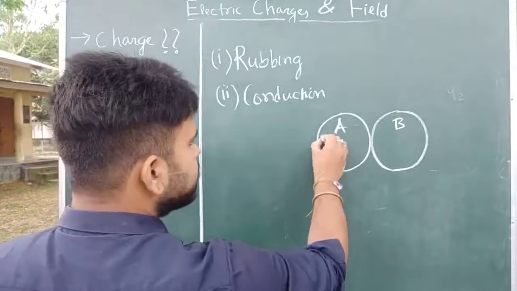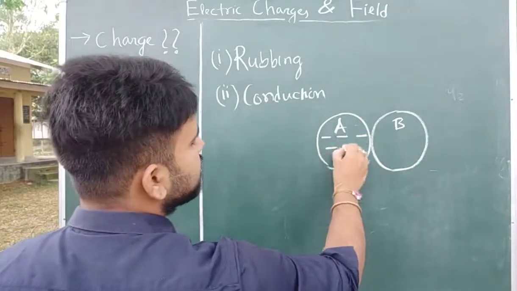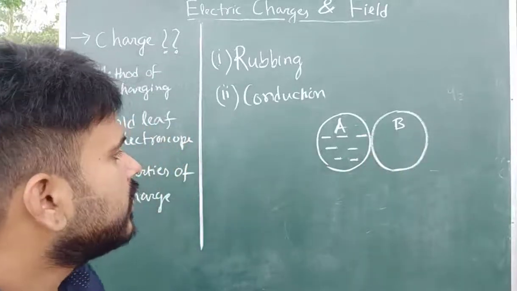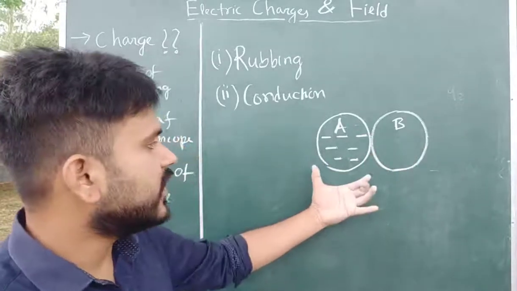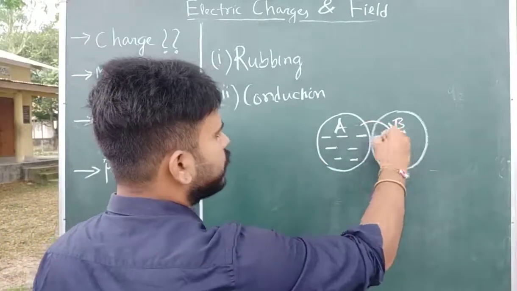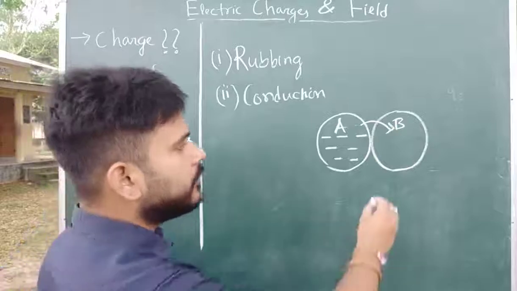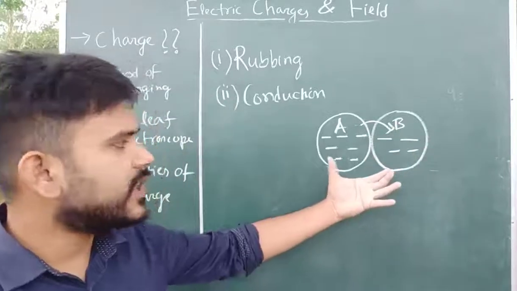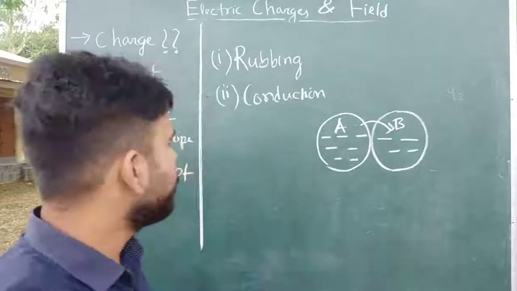One of them is, say, negatively charged and one of them is neutral. Then due to the contact, the negative charge from A will move to B and B acquires some negative charge. This is the method of conduction.